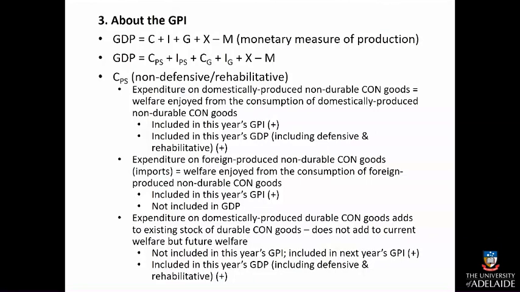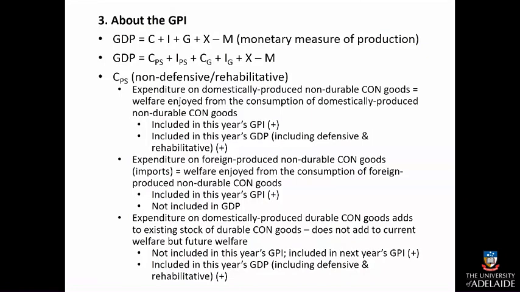The GPI doesn't. Now consider expenditure on foreign produced non-durable consumption goods, imports. Again, the GPI counts this, because if you purchase an imported non-durable product, you still enjoy benefits from that. So the amount that you spend on that imported non-durable consumption good is treated as the dollar value of the welfare enjoyed from consuming that particular good. So it's included in this year's GPI. It's not included in GDP because it's an import.